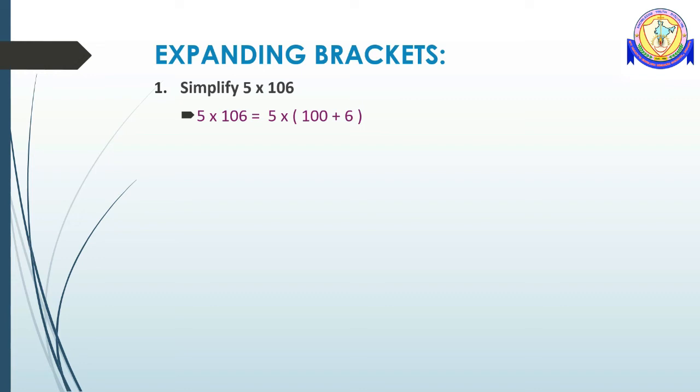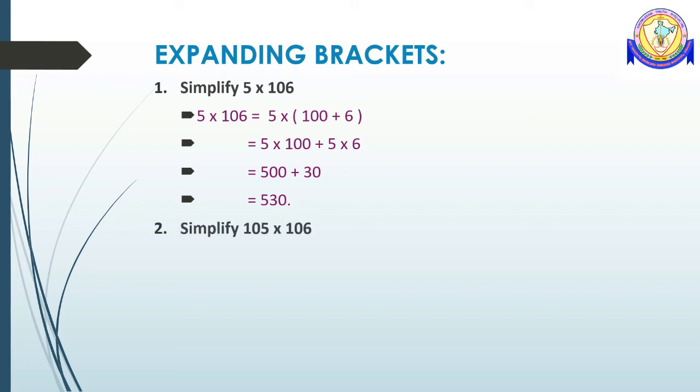Then you have to multiply 100 plus 6 with 5. For that you do 5 multiplied by 100 plus 5 multiplied by 6. 5 multiplied by 100 is 500, plus 6 multiplied by 5 is 30. So 500 plus 30 is 530. This is the answer for 5 multiplied by 106.